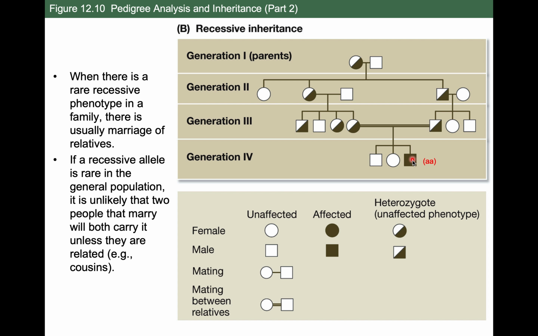And if we step this up to these first cousins that were carriers, that means they were heterozygous, so big A, little a, because they have that 1 dominant big A, they don't have the trait, but they are carriers because they have that recessive allele.